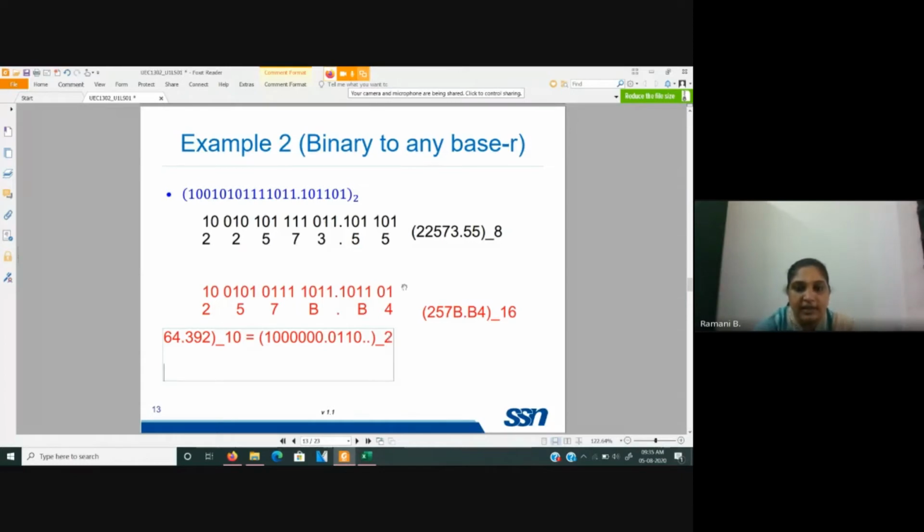If I group in 3s, you will have the equivalent like this. 0, 1, 1 and a 0. I didn't find the remaining, so let it be like this. So you can give the octal as 100.30 because I didn't find the remaining. So I am just rounding off things. Okay, so this is the octal equivalent.